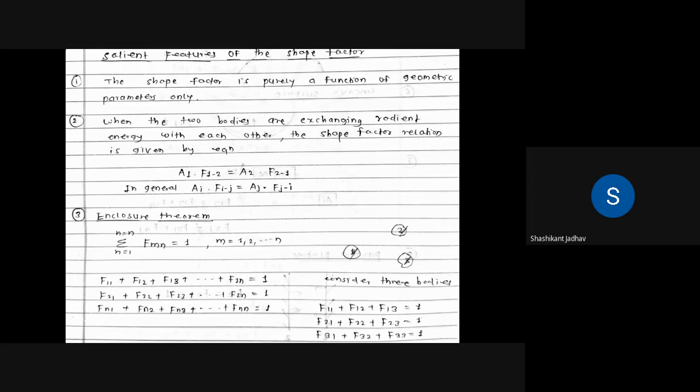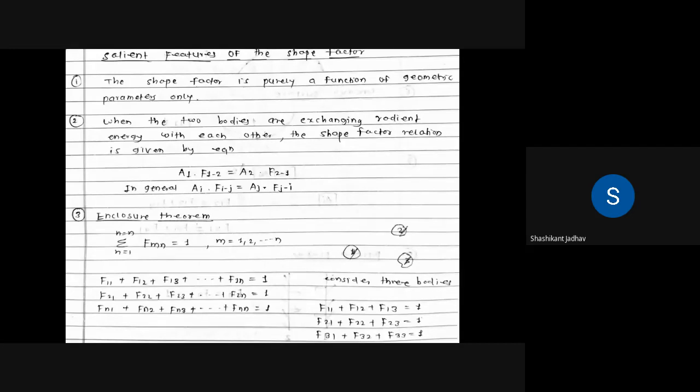When the two bodies are exchanging radiant energy with each other, the shape factor relation is given by... When two bodies are exchanging radiation with each other, what is the relation between the shape factors for those two areas?